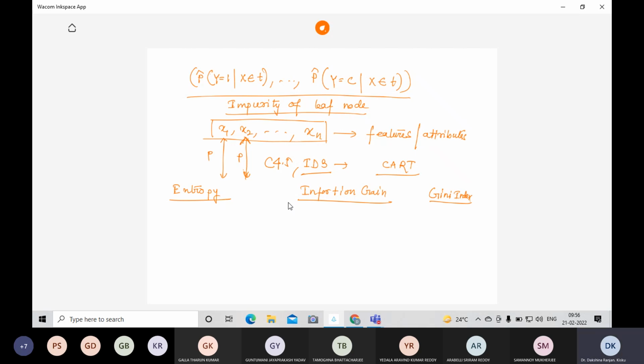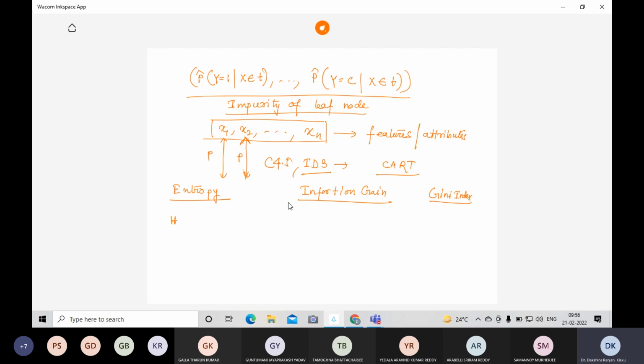Now, what is entropy? Entropy gives us the measure of the amount of randomness or uncertainty.